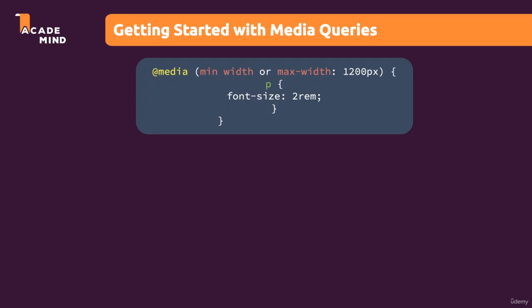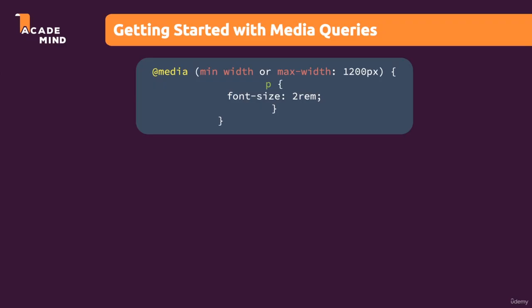I'll dive into these in a few seconds, but the width here refers to the screen width, so basically the resolution of the screen the user's device has. And then we define such a min or max width. Right here, for example, I used a dummy value of 1200 pixels. This pixel value here refers to the device width, so the width of our screen where this media query becomes active.